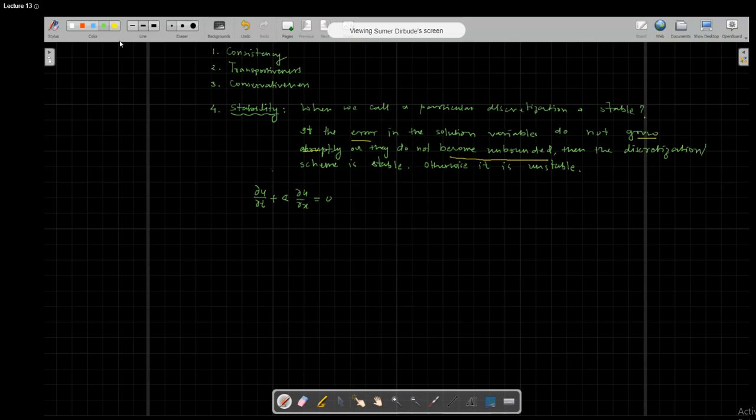I would like to show you by a picture. This is our time axis and this is our x-axis, and for a positive, we know there is one characteristic, and that is a right running characteristic.